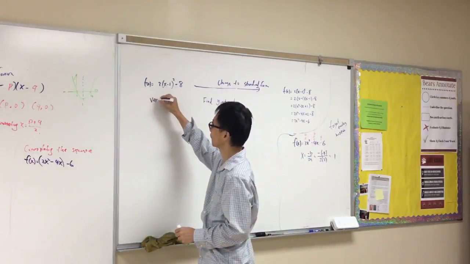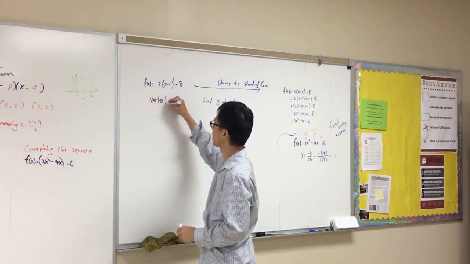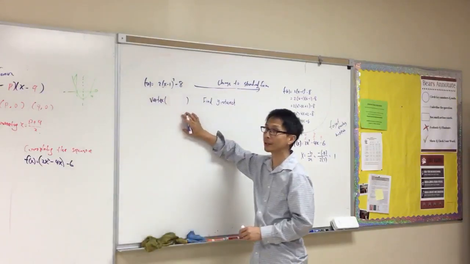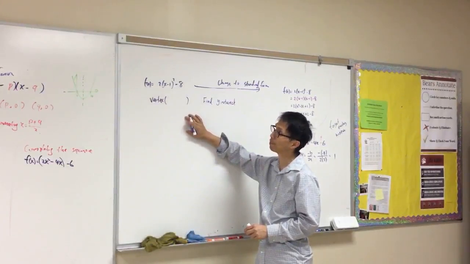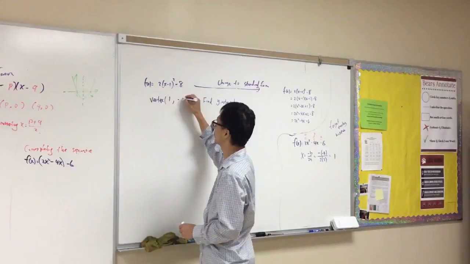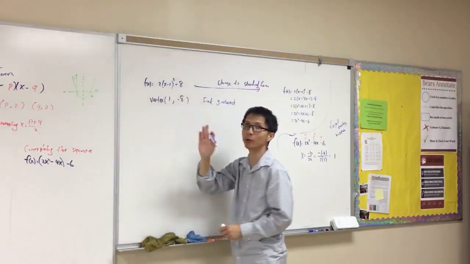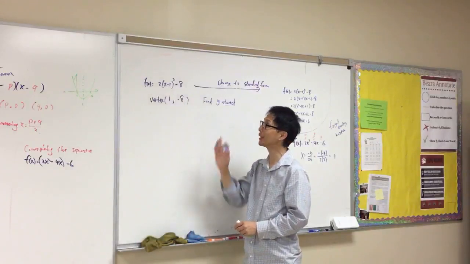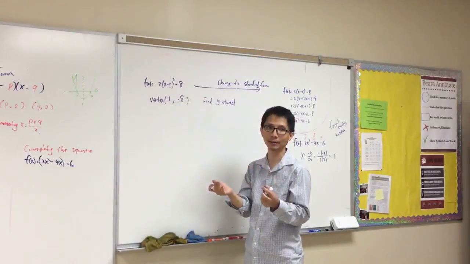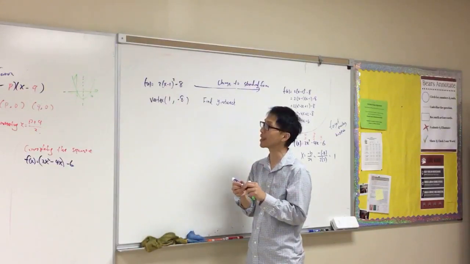No, it's going to become -2 and -6. What's my vertex? No, they don't distribute. H and K. It's 1 and -8. Why? Because this is moving right 1, and down 8. You're looking at H and K as the opposite sign inside the parentheses.